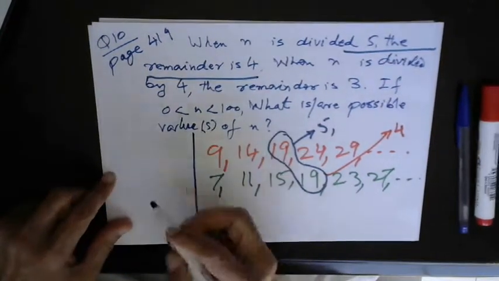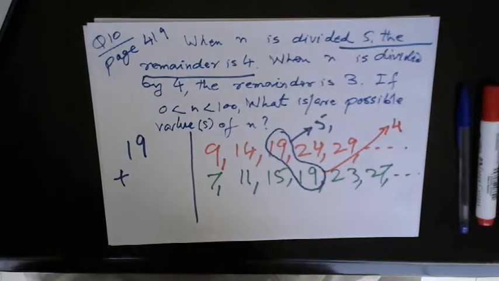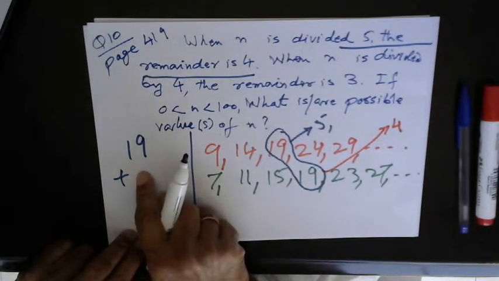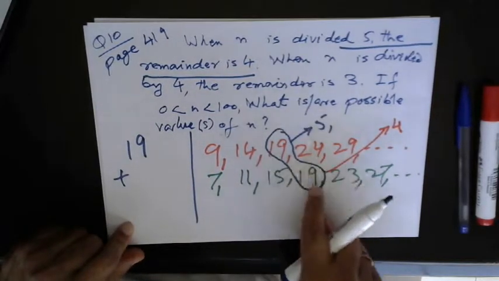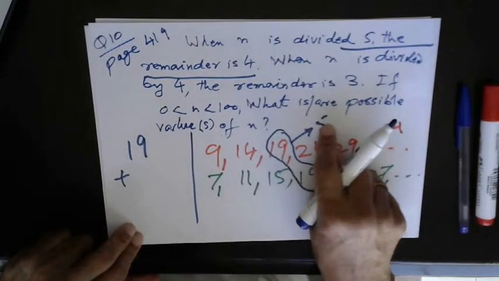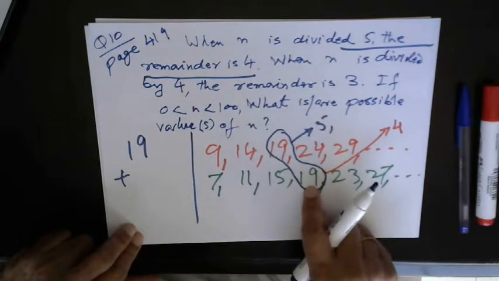19 is the answer. But if you add any multiple of 4 and 5 to 19, that number will also have the same property. That is, when you divide that number by 5, you will get the remainder 4, and when you divide it by 4, you will get the remainder 3.